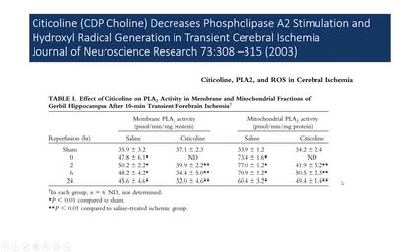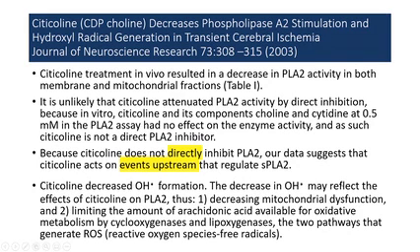So the summary of this article is that, remember, these weren't viruses. There are different things that can cause phospholipase A2, and one was cutting off the blood flow to the brain. So inflammation, lack of oxygen is also causing problems. CDP choline resulted in a decrease in PLA2 in both the cell membrane and the mitochondria.